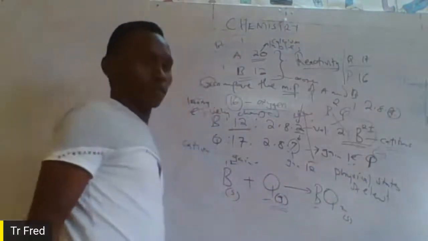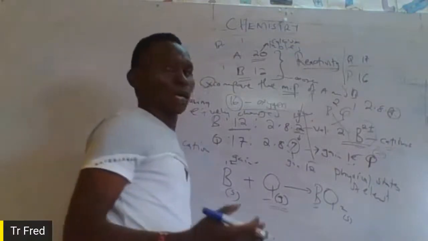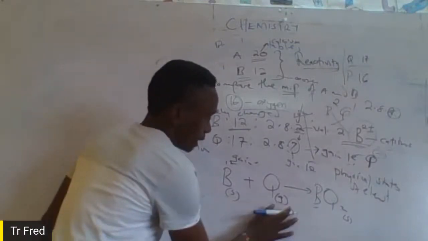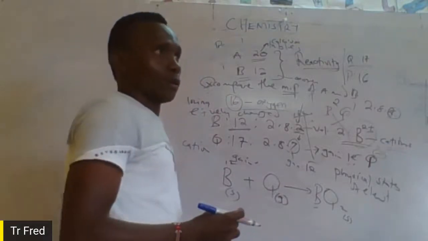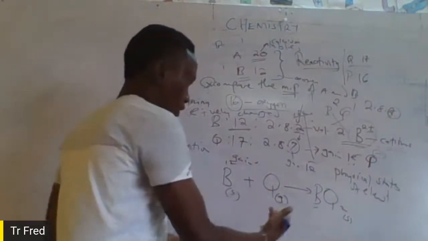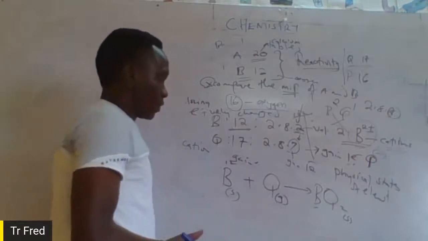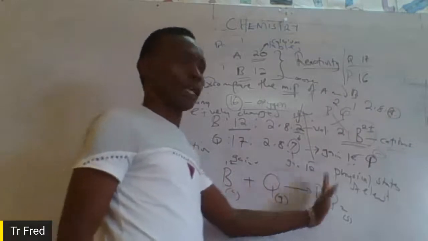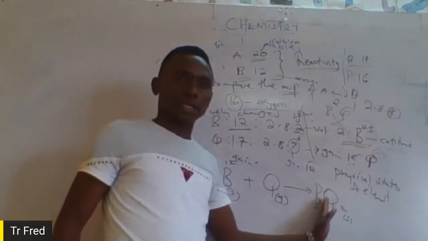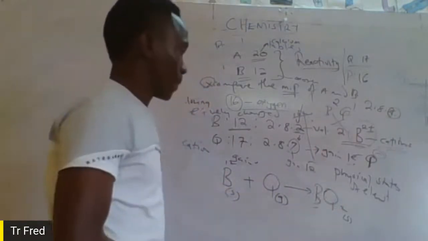So for us to balance the two of them, we have to insert a given number so that we can make sure the two of them are balanced. An equation is said to be balanced if the number of elements on the reactant side equals the number of elements on the product side.